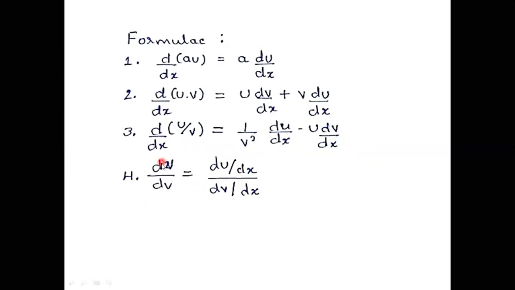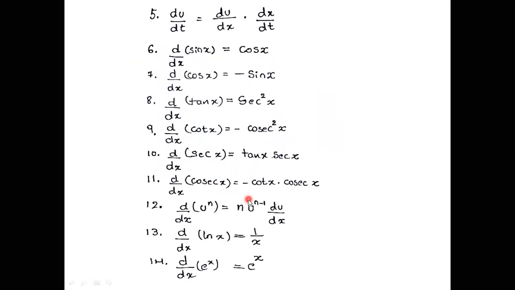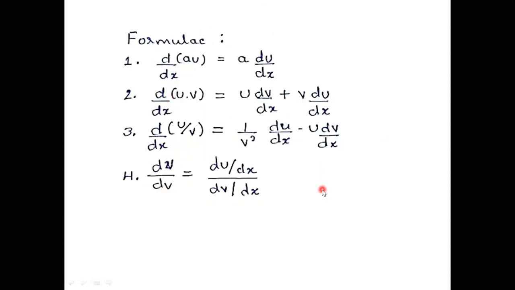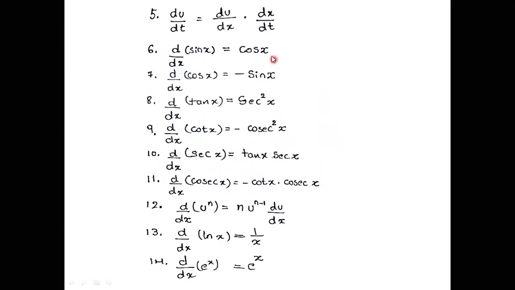Okay, the fourth formula is du upon dv. Or we can write this as du upon dx upon dv upon dx. Okay. Next, du upon dt will be equal to what? du upon dx times dx upon dt.